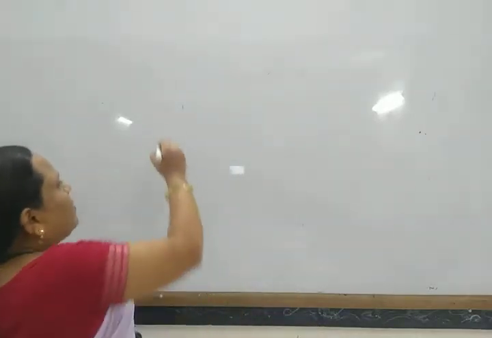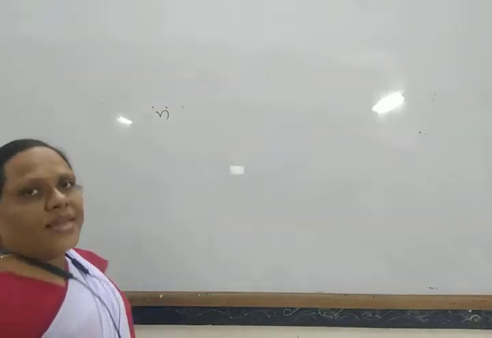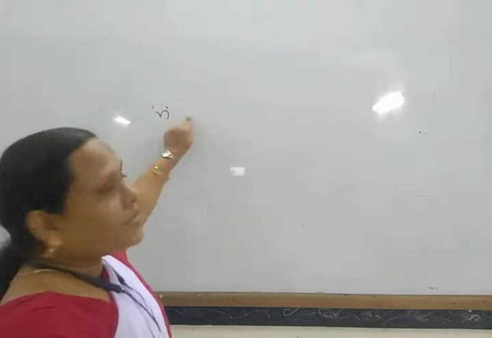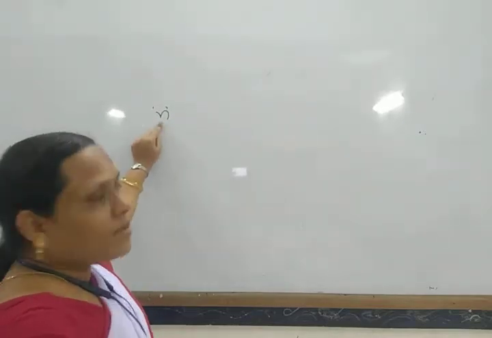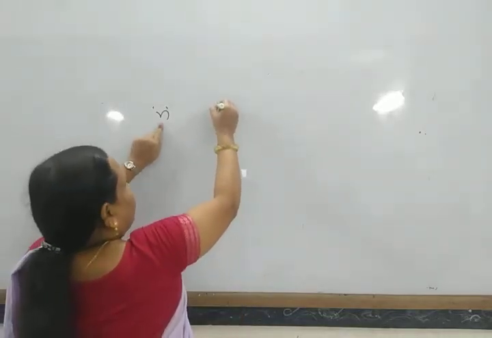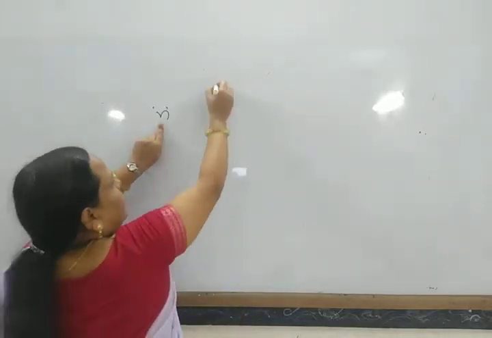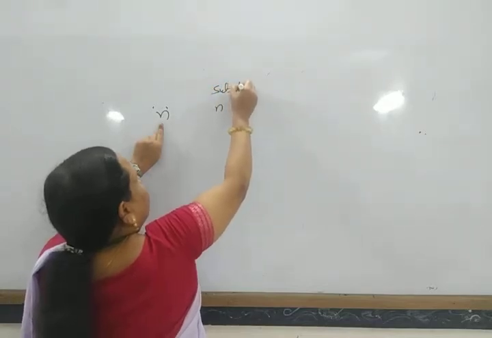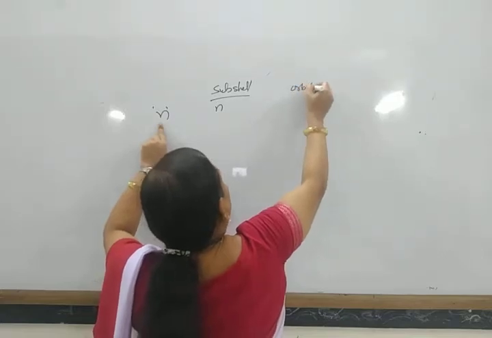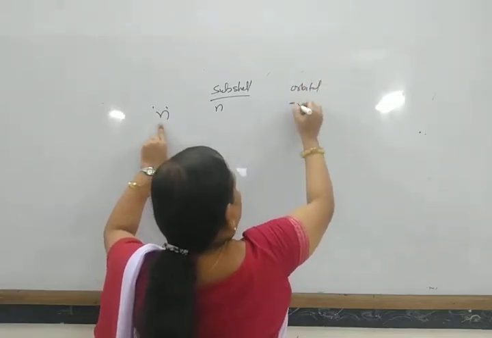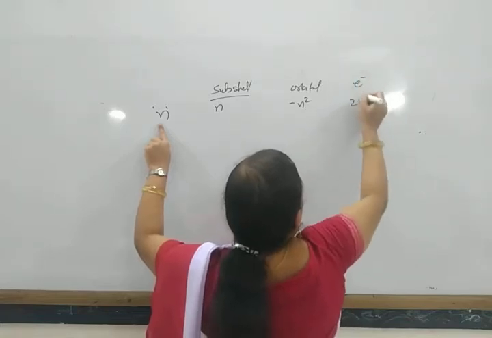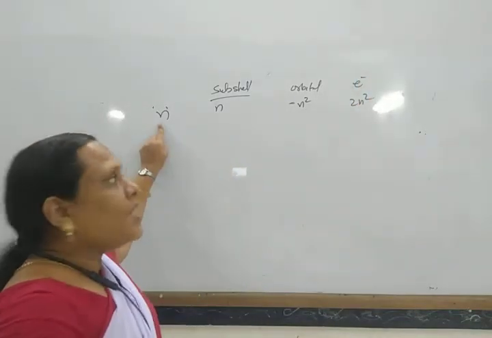If the principal quantum number is n, then how many subshells are present? The number of subshells is n, the number of orbitals is n square, and the number of electrons is 2n square.